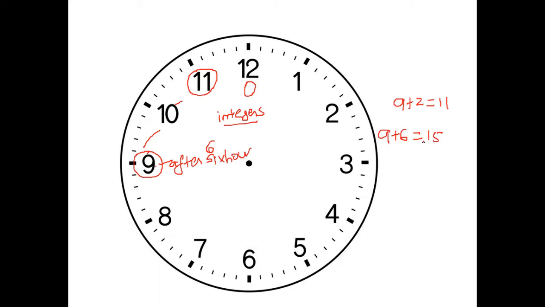So the answer should be 15, but in a 12-hour clock, you can see there is no 15. So how will you find this? What is actually 6 here? It is 1, 2, 3, 4, 5, 6. So if I'm going to meet you after 6 hours from now, it should be 3 o'clock. But what is the actual result we are getting when we add 9 and 6? 15. But in a 12-hour clock, it is actually 3.